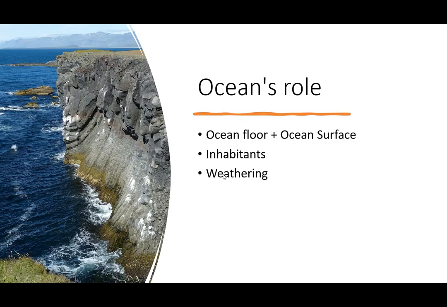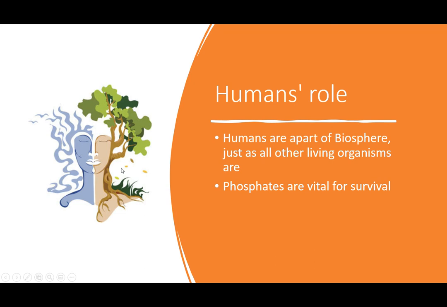So the ocean's role, I talked about it, but the ocean's surface, right here you can see it's crashing onto these rocks. It's weathering these rocks, bringing the phosphates into the ocean for the marine life. And then once that marine life dies, it goes to the bottom, and the process starts again. The human's role in it is also pretty important, but it's kind of lackluster because it's the same as every other living organism.